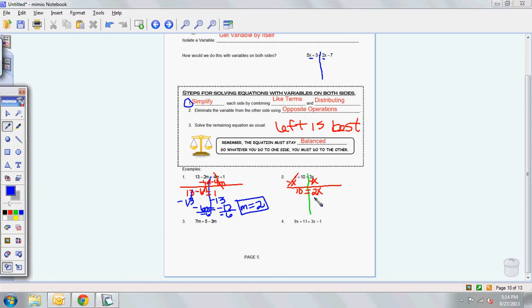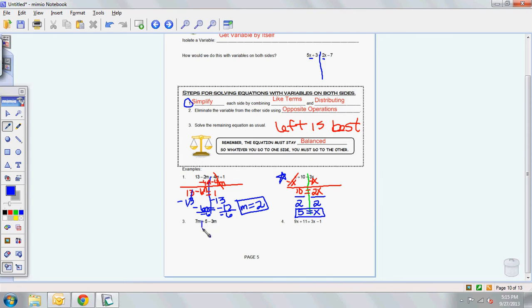So we've got to get x by itself. The opposite of multiplying by 2 is dividing by 2. So we have x is equal to 5. So a little bit simpler, but it's an exception to a rule. So put a star by this one because it doesn't match my left is best.